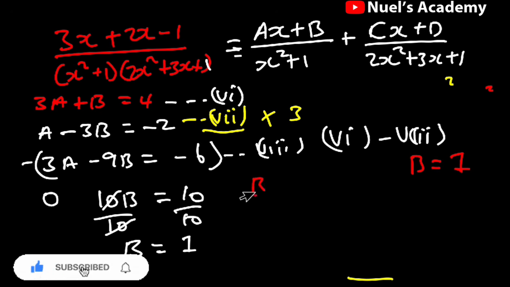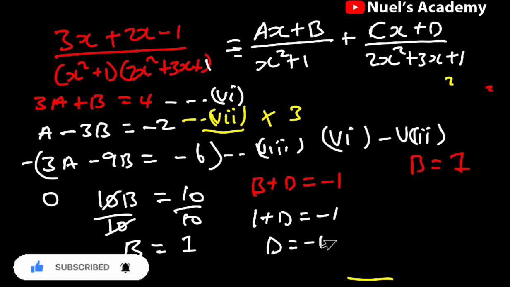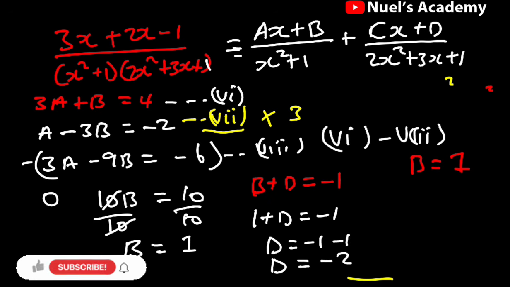So since we've found the value of b, let's substitute b to be 1 here. So we have 1 plus d is equals to -1. Now d is going to be equals to -1 minus 1. We have that d is equals to -2. So let me write it here that d is equals to -2.